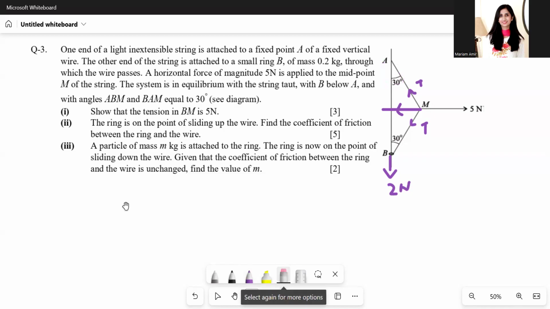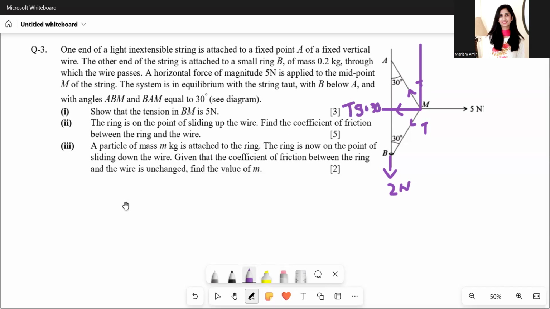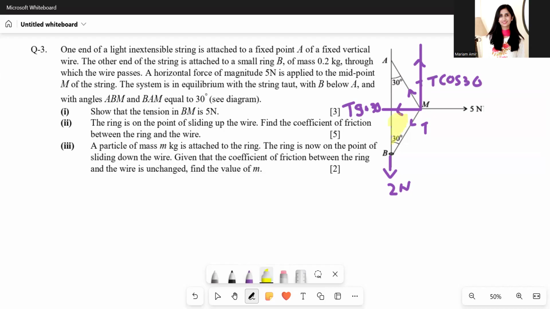So this one is going to be the sine component, T sine 30, and the other one I'm drawing here would be T cos 30. Now let's look at the lower triangle. Again, this one is going to be the sine component because it's opposite. So another T sine 30.